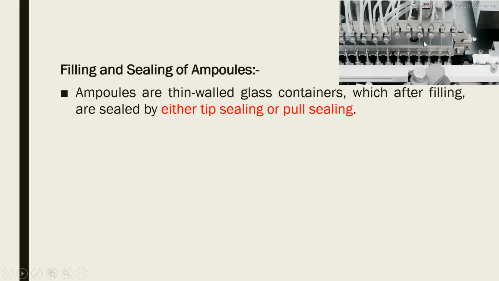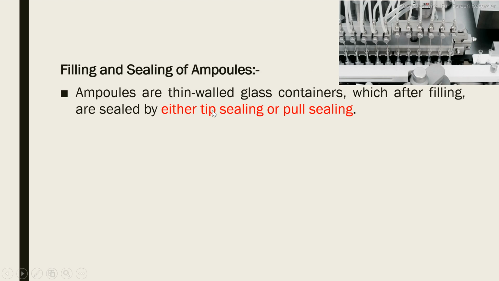The capillaries enter into the narrow neck of the ampoules, the ampoules get completely filled, and then the capillaries are removed. Once the filling is complete, the filling capillaries are automatically removed, and the next batch of ampoules is available for filling. So this is a continuous process.